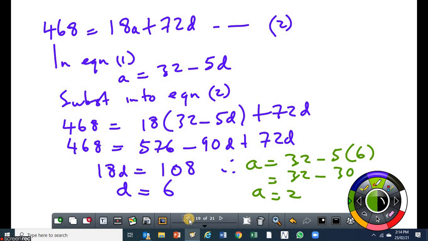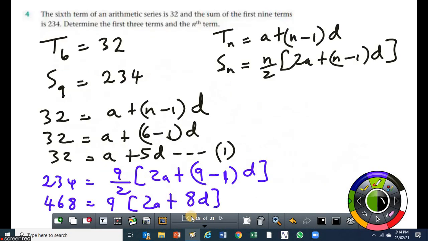Any question? Yes? How does 32 minus 30 come out? So what's your name? Taonga. Taonga, grade 12, right?